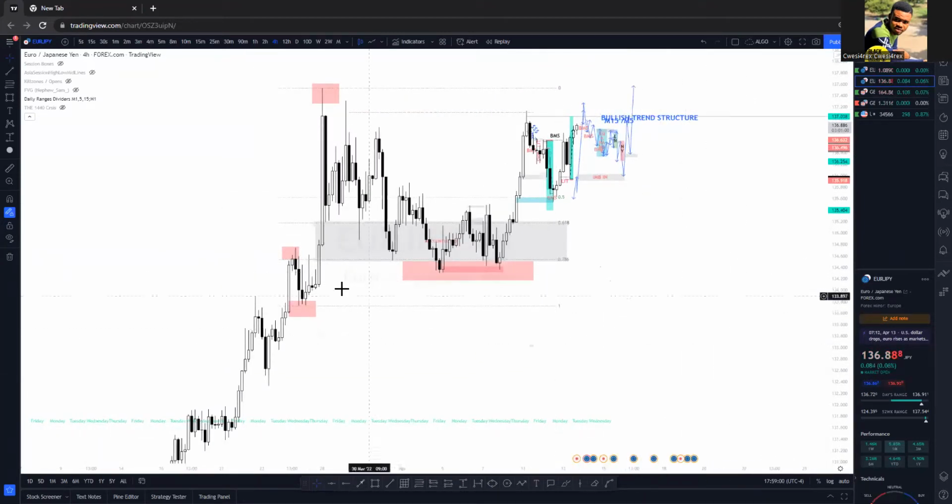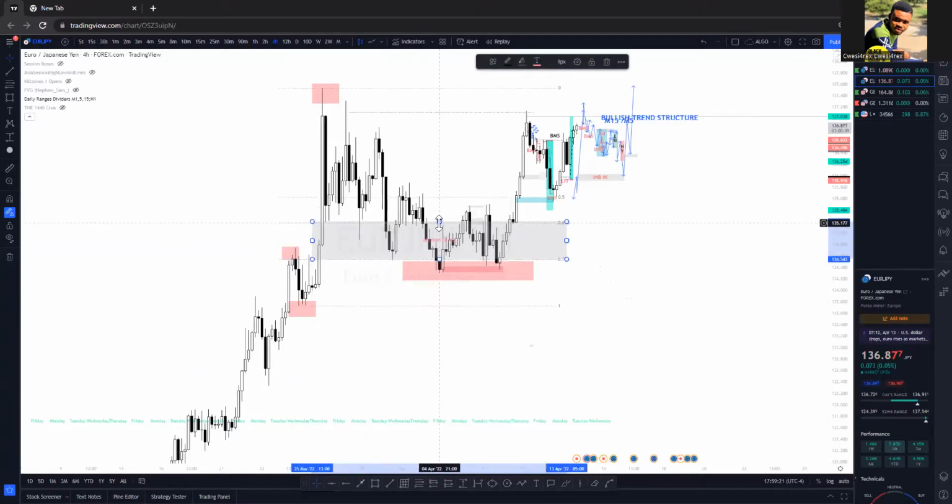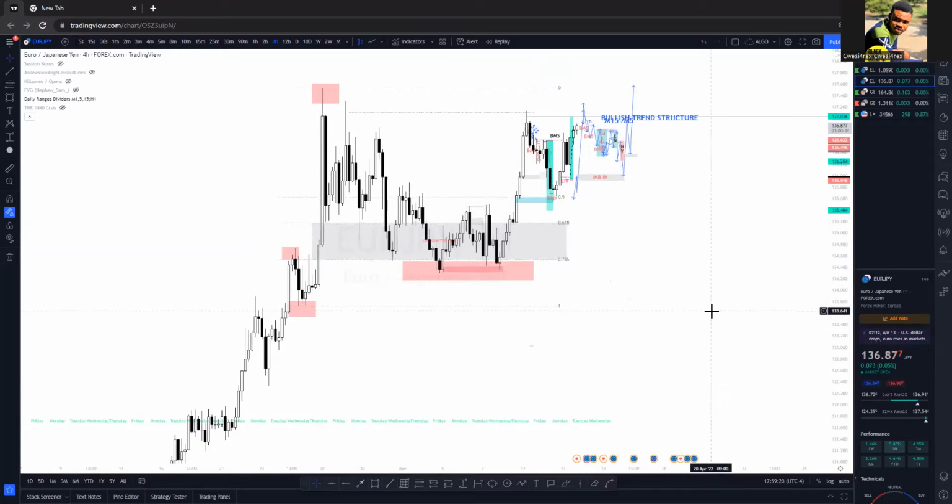We need to start looking for entry models. We have our Fibonacci, we have breaker, we have order block entry, we have inefficiency entries as well. So this is the time you start looking for those entry models, right?